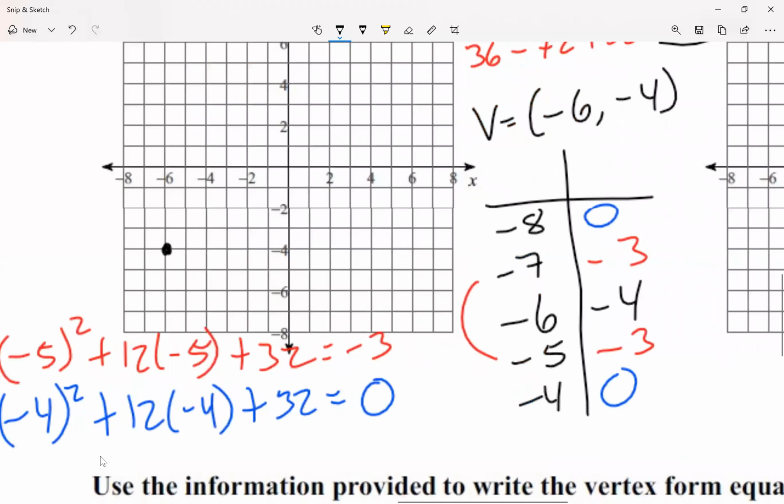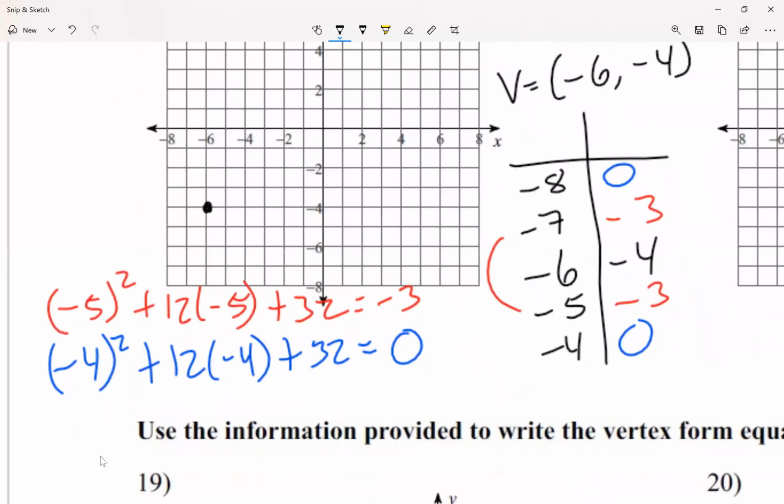Let me zoom in here. Have the point -8, 0, -7, -3. The vertex, -5, -3, and the point -4, 0.